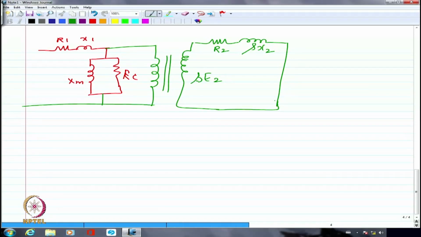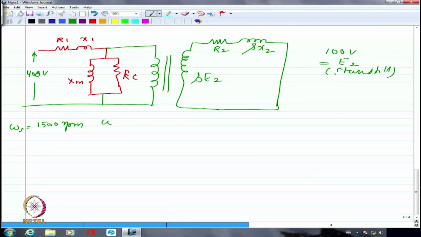Right? Let me try to talk about some values a little bit. If originally I had applied maybe some 400 volts, arbitrarily I am saying. Let's say I have applied 400 volts and maybe I had gotten 100 volts here at standstill EMF. Right? Now maybe I have a 1500 RPM induction motor, which is omega S is 1500. Maybe omega R is something like 1490 RPM or 1485.